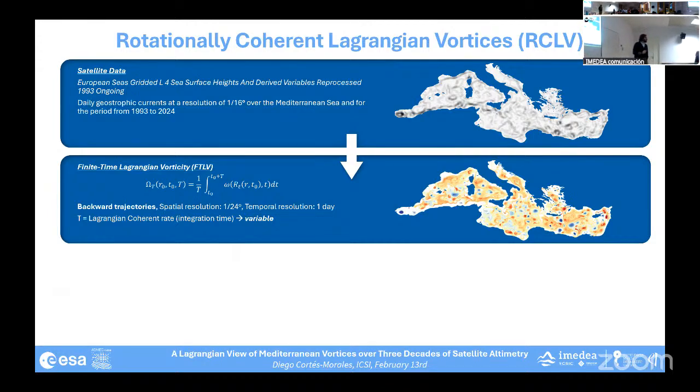We track the particles backwards along a time, t, the Lagrangian coherent rate.